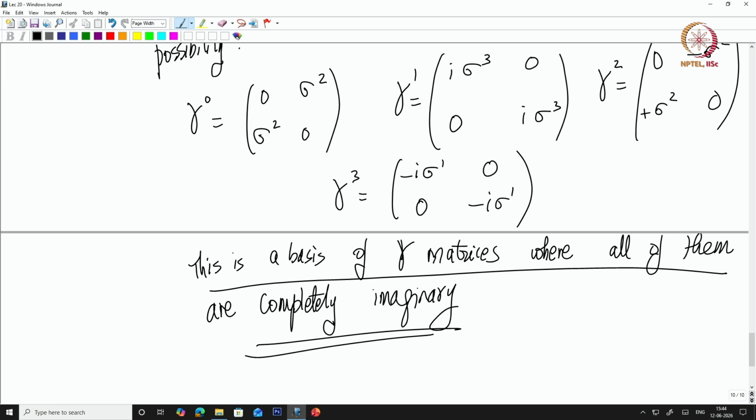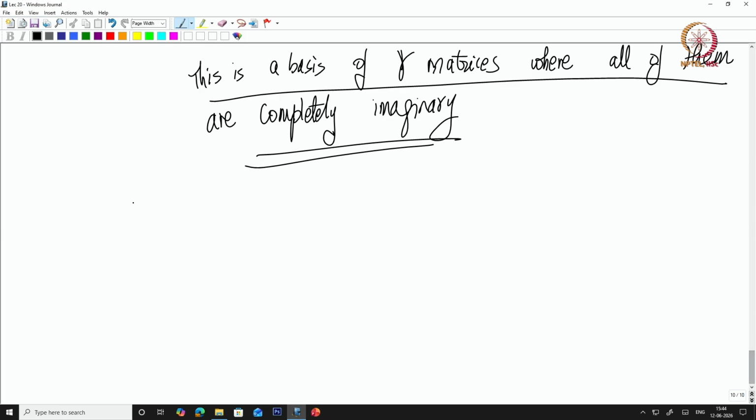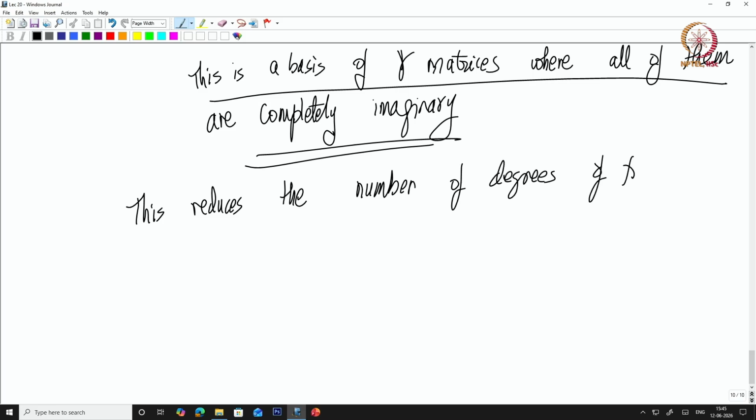Now you have reduced the number of degrees of freedom of the Dirac spinor by half.